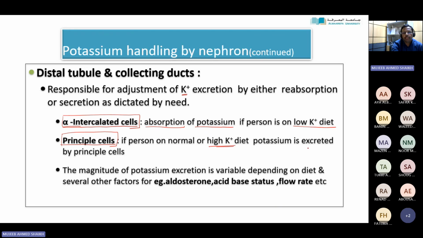So alpha intercalated cells are responsible for absorption of potassium, and principal cells for secretion of potassium. The magnitude of potassium excretion is variable depending upon the diet, aldosterone level, acid-base status, and the urine flow rate.